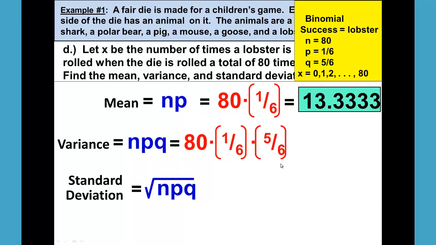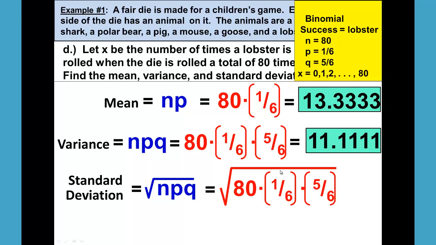Our variance is 80 times 1/6 times 5/6, and gives us 11.1111. Our standard deviation is the square root of n times p times q, which is the square root of 80 times 1/6 times 5/6, and gives us 3.3333.